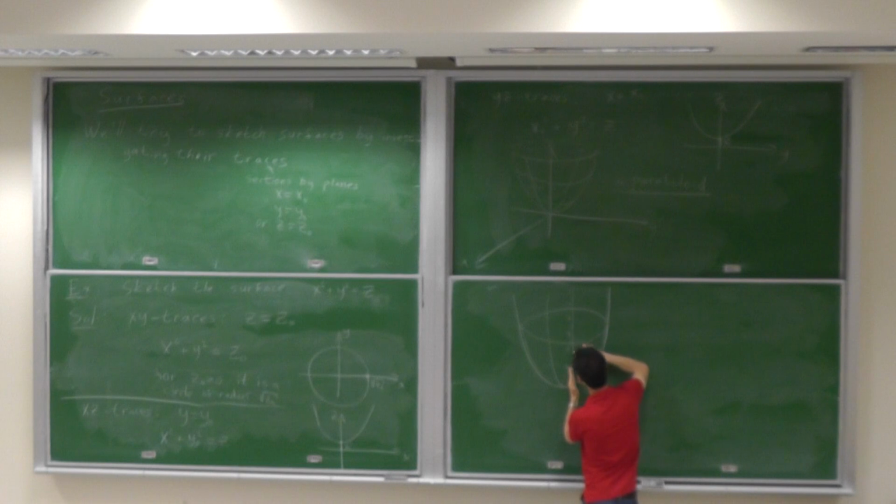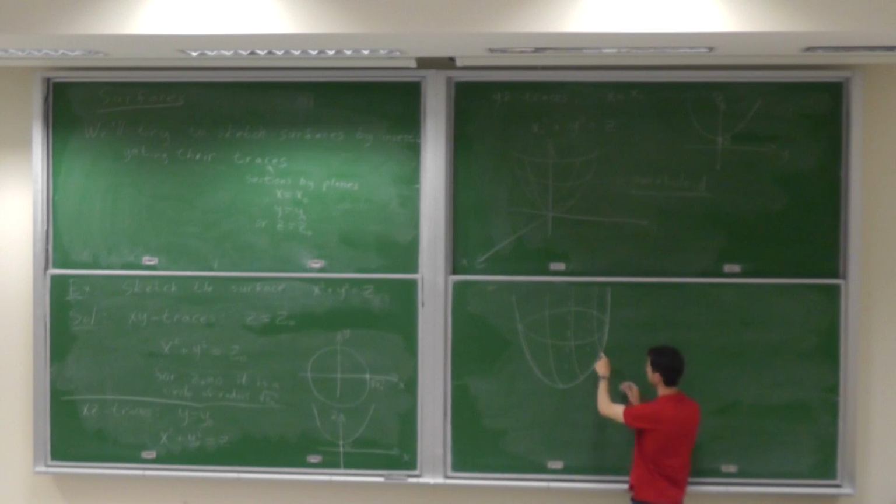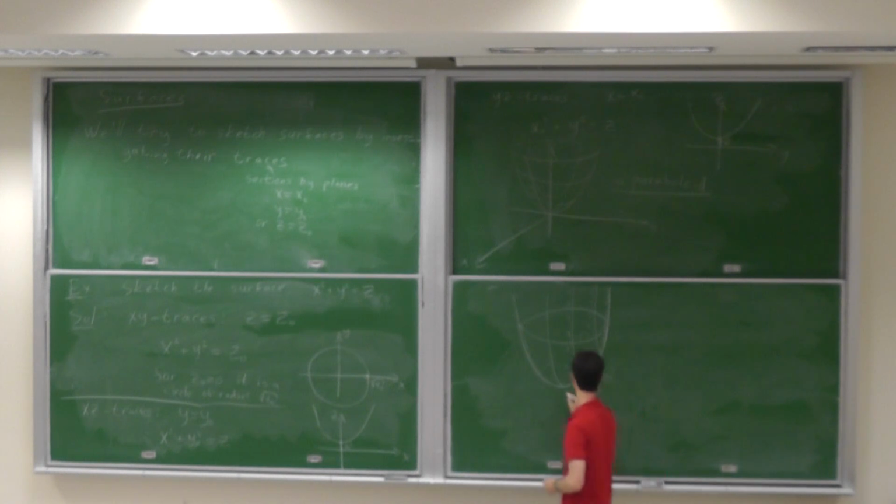I'll get a parabola, but this parabola is not going to pass through the origin. Next one will be y equal to 2. The height of the vertex of the parabola will now be y naught squared, which is 4. So this distance is y naught squared, and this is y naught.